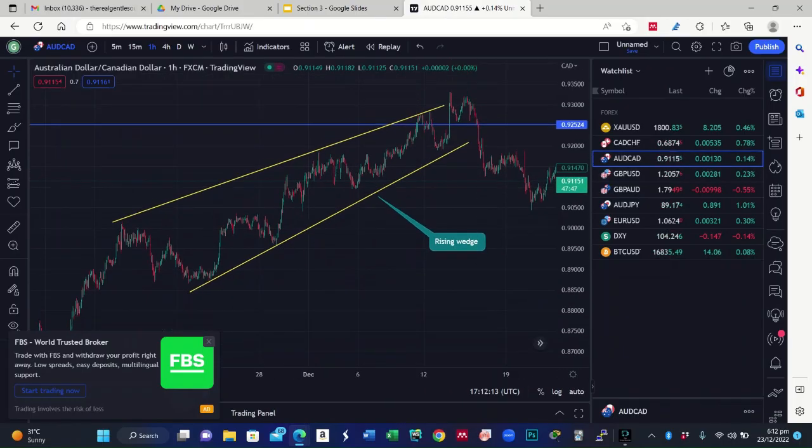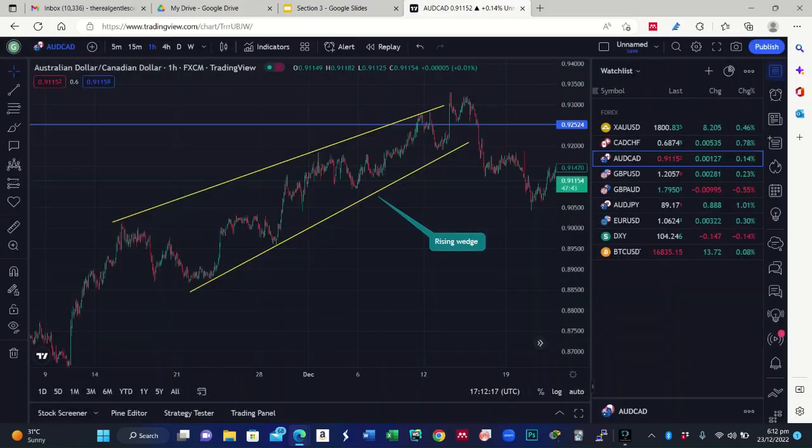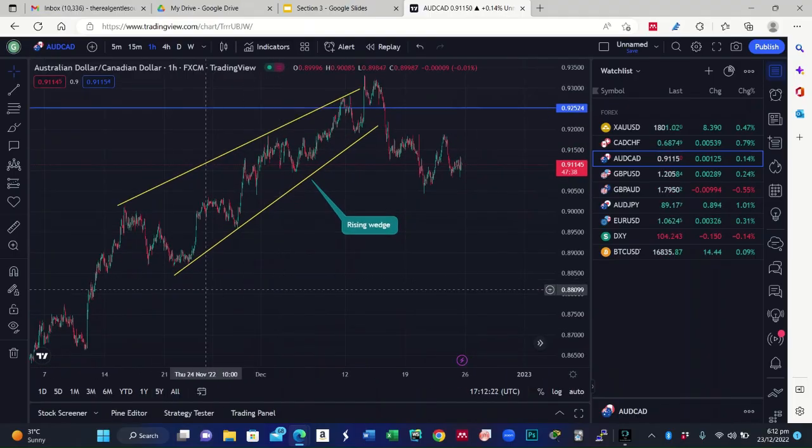Rising wedge. Like I explained earlier, in a rising wedge, price is coming from a wide area, then as it progresses upwards, it gets narrower. You can see it's a bit wide here, then as price is progressing upwards, it is getting narrower.